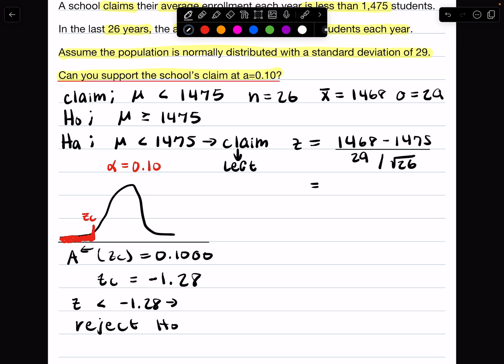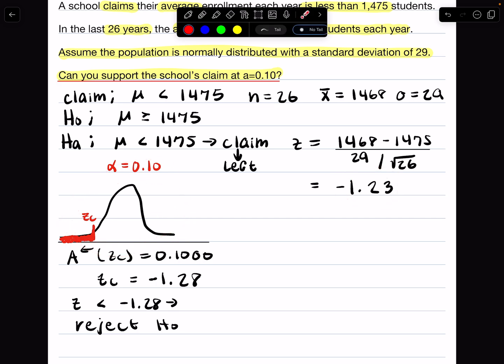When you put that in your calculator, you will get a value of, I'm going to do that real quick. You can pause the video, but I'm having to put it in my calculator anyway, so either way, you will get a score of negative 1.23. Where does that lie in this normal distribution?